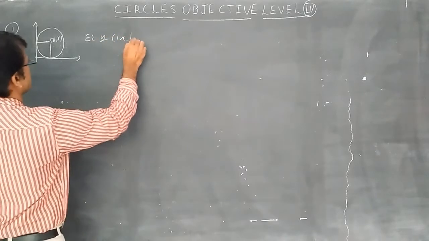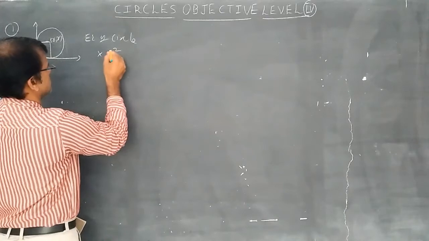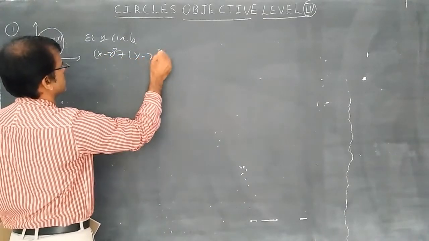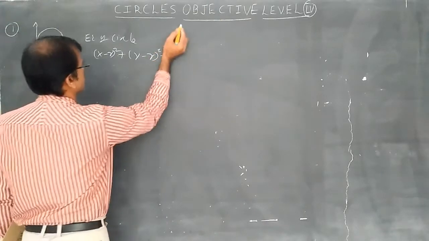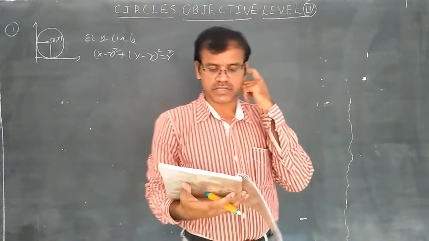So the circle center is (r, r) and radius is also r.